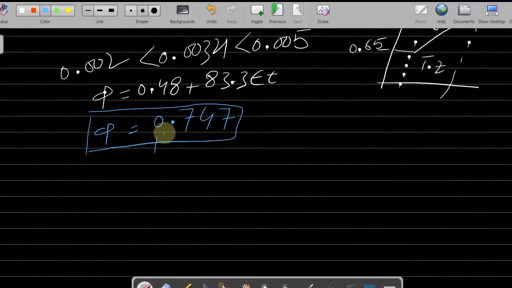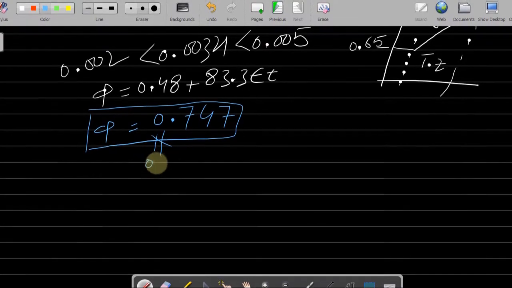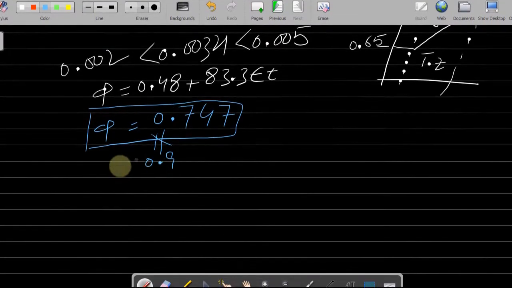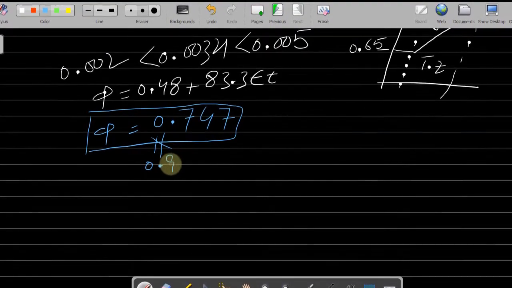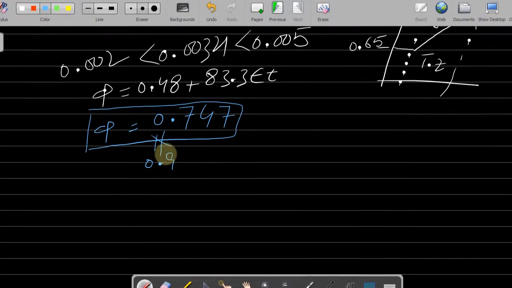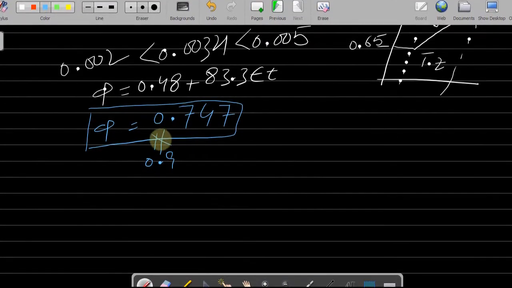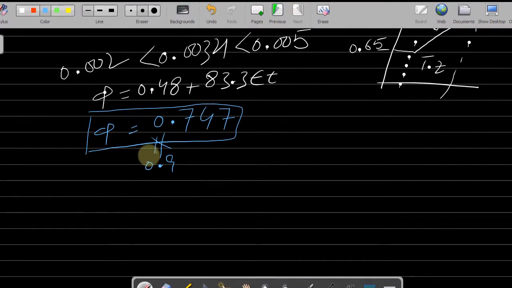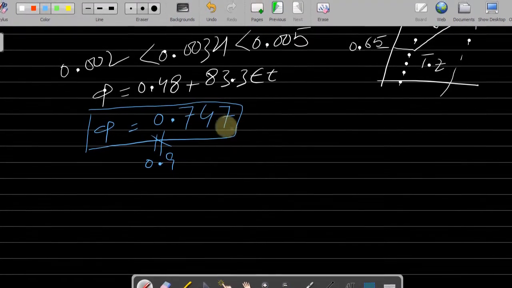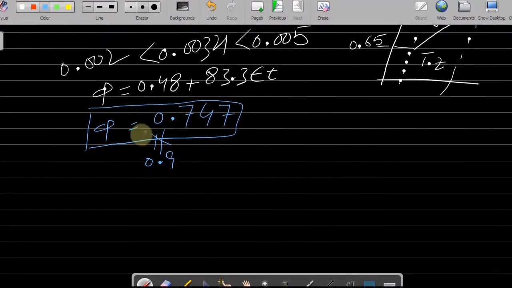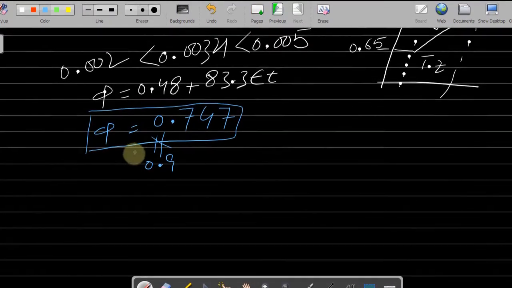We are not taking 0.9. If you are using p value 0.9, this means we are decreasing the section design strength by 10%. But here this is around 75, so we are decreasing the section strength by 25%.